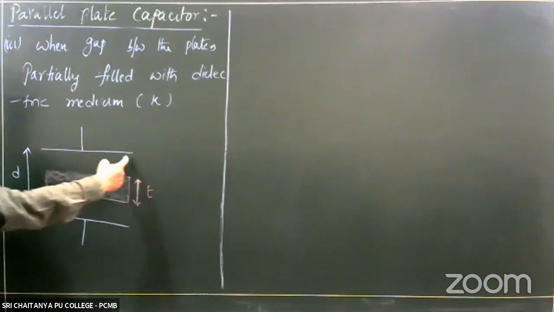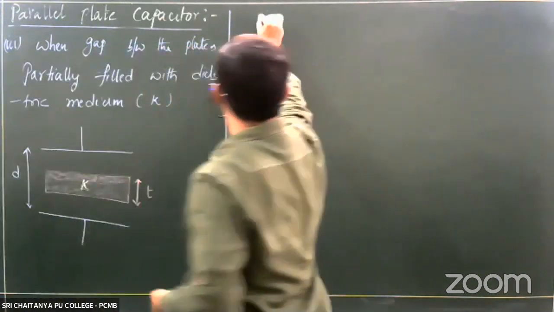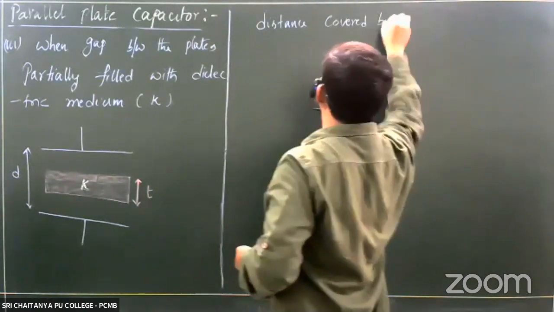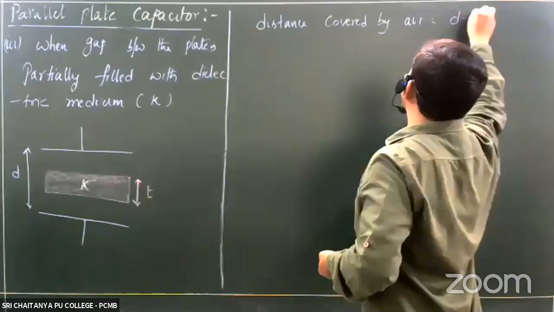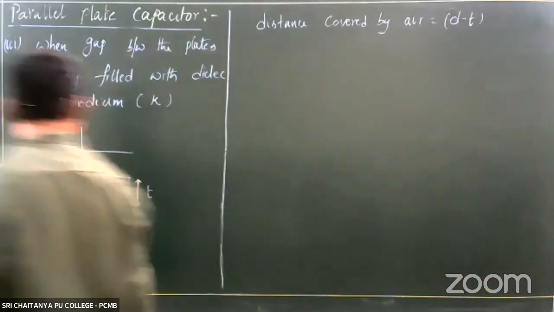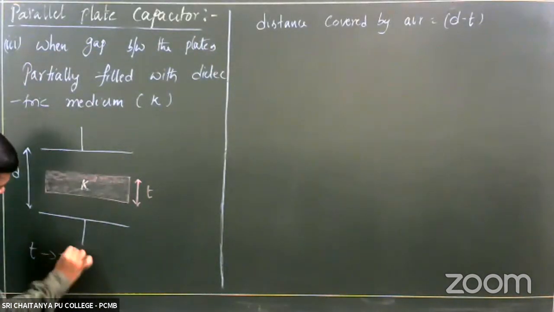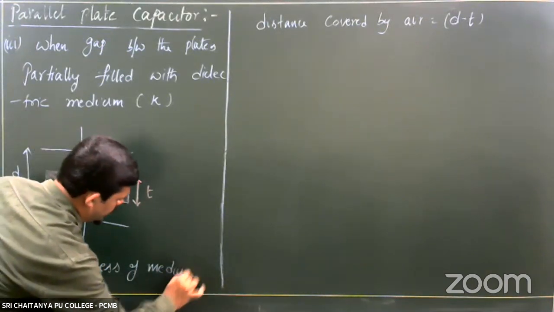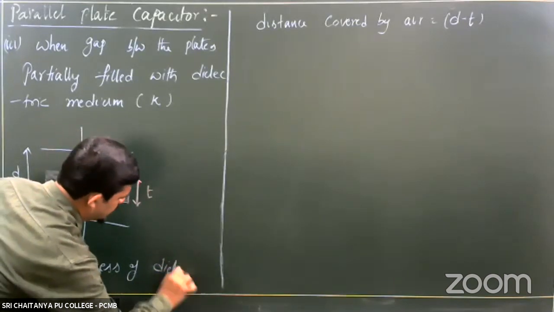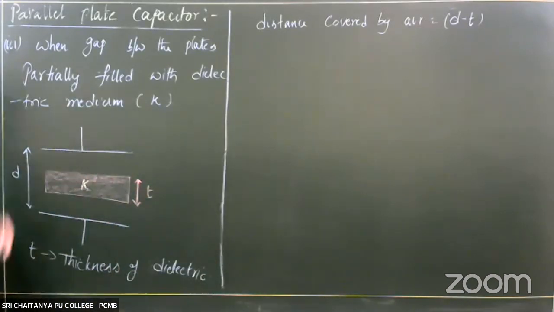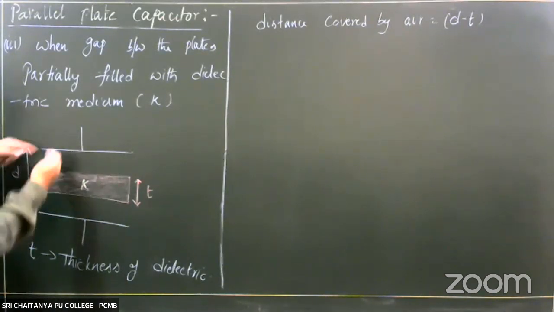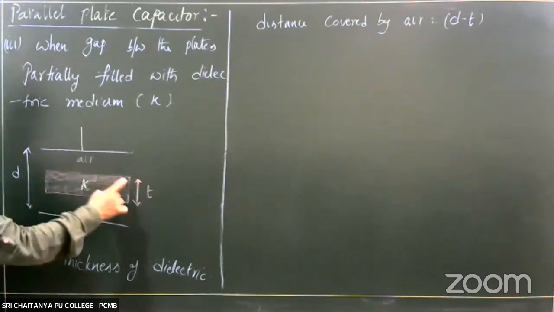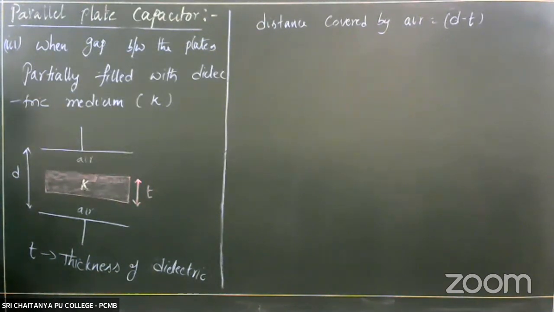See, the distance covered by air, can I write D minus T, where T is the thickness of the dielectric? The distance covered by air is total D minus this T. Here is air, here is air, this is the dielectric slab, right? D minus T.